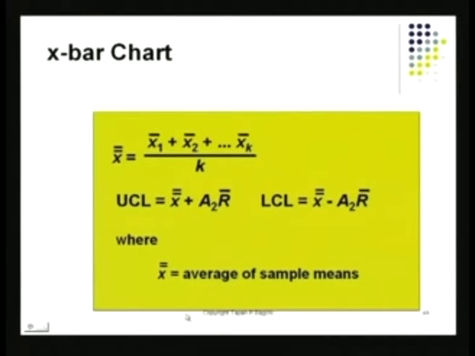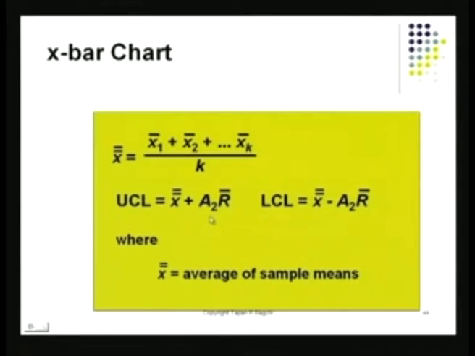Just like I found a grand average of sample averages, I find the grand average of what we call ranges. I use that as R bar. I can use this formula to find my upper control limit. I can use this formula to find my lower control limit.